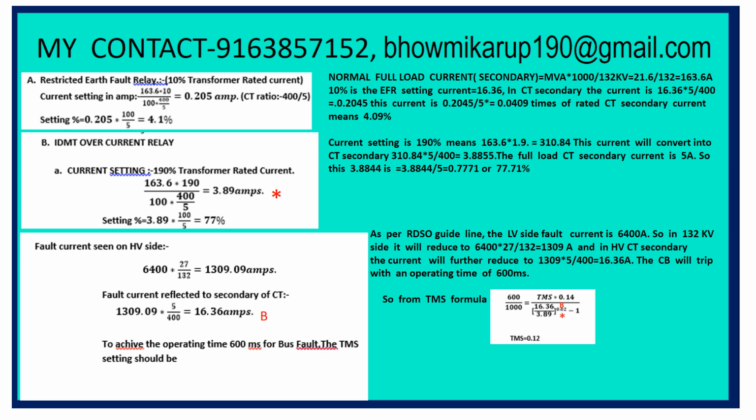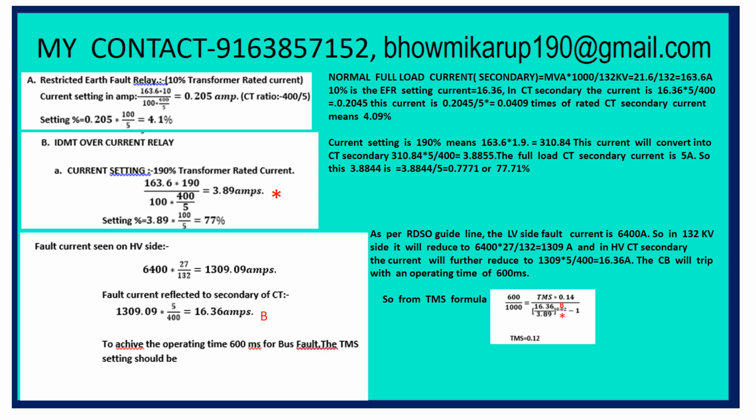Now convert it into the CT secondary, the same system. Again multiply it with 5 divided by 400, as it will reduce in the CT secondary for the use of relay. So it is coming around 16.36 ampere. The circuit breaker will trip with an operating time of 600 millisecond, which means 0.6 second.